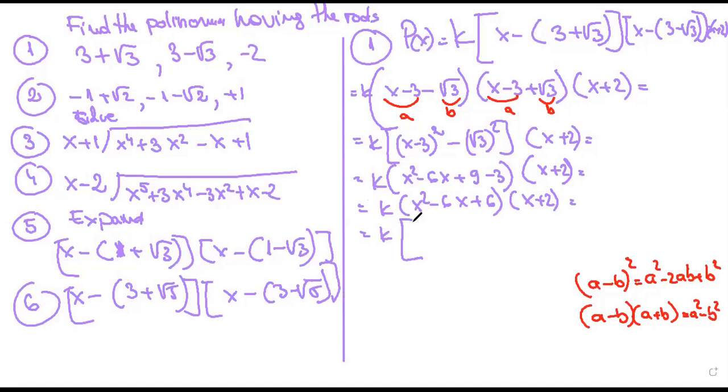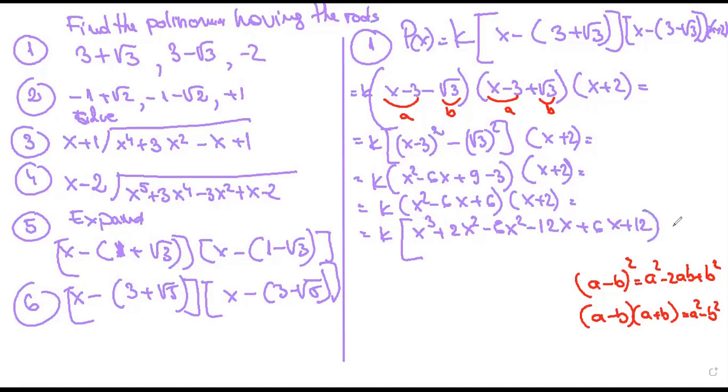Okay, so x cubed plus 2x squared minus 6x squared minus 12x plus 6x plus 12.